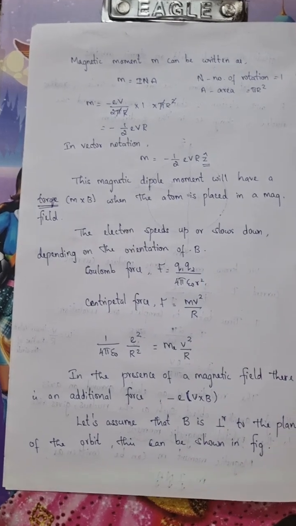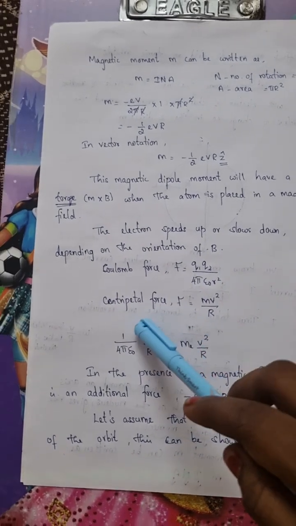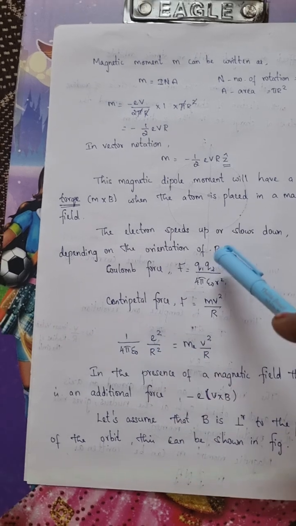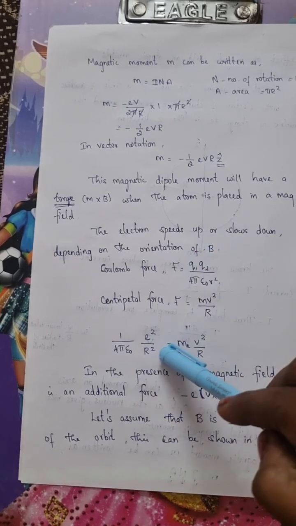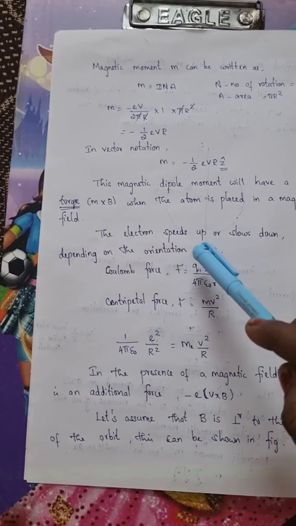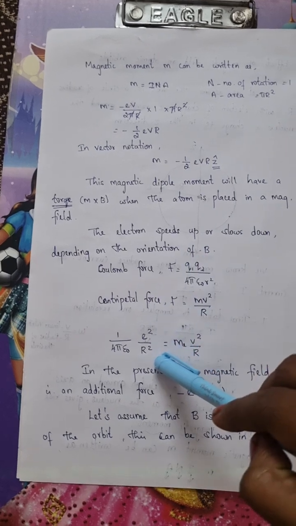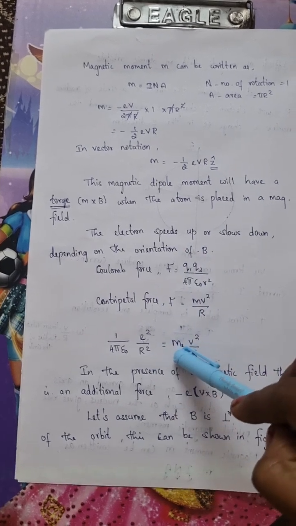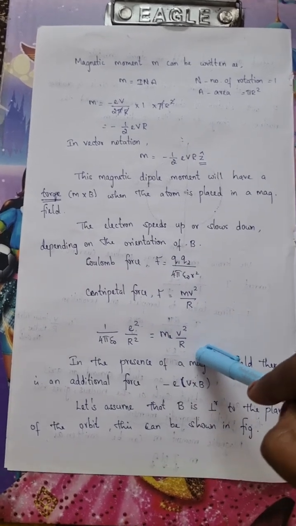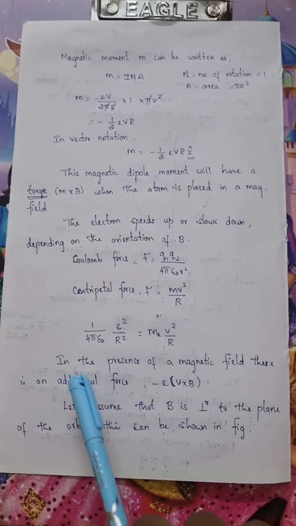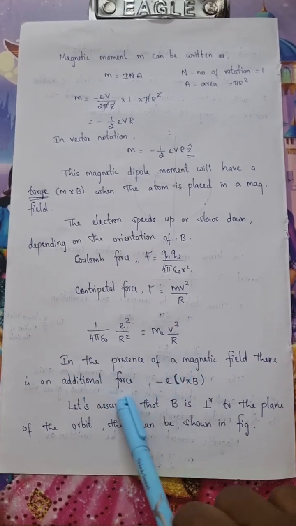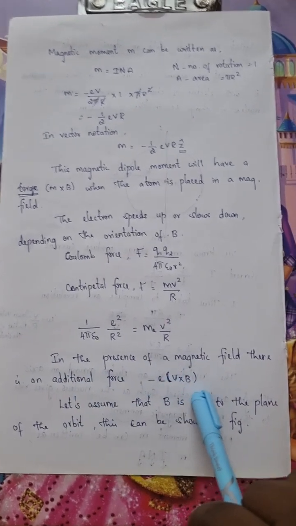So we equate these two equations. With charges e and e, we write 1 by 4 pi epsilon 0 e square by r square equals m v square by r. In the presence of a magnetic field, there is an additional force, minus e v cross B.